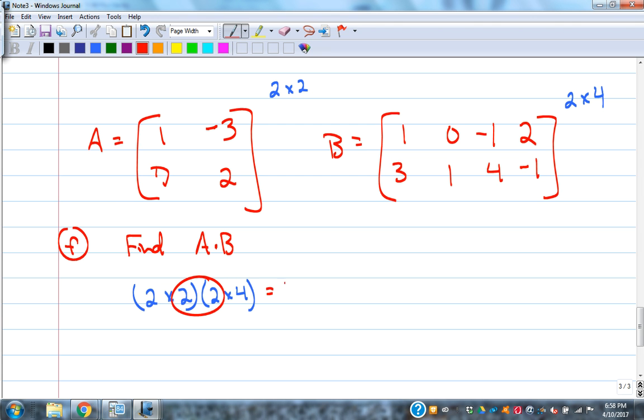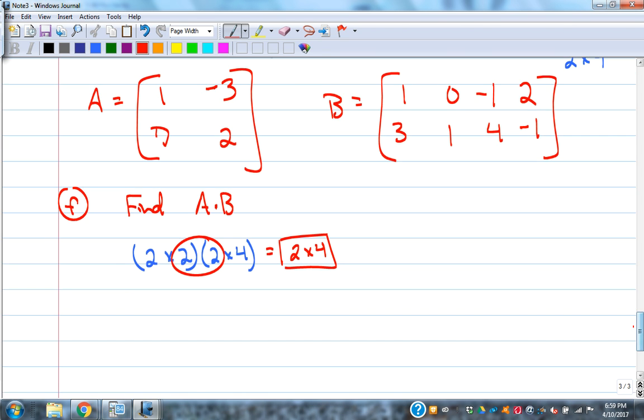What size is our answer going to be? 2 by 4. So A times B is going to be a 2 by 4 matrix. I'll draw something big enough to fit a 2 by 4. Okay, so in my calculator, I'm going to enter matrix A into matrix A and matrix B into matrix B.